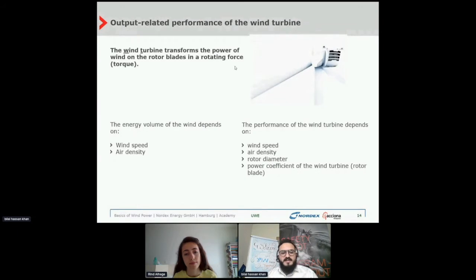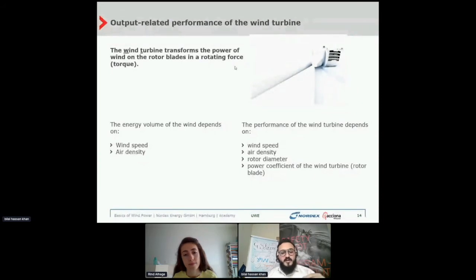Our turbine performance is directly affected by the wind speed as well as the air density. So for example, if we have the same wind at different locations, and one location has a high air density and the other has a low air density, then our turbines where we have a high air density will produce more than in the low density area.